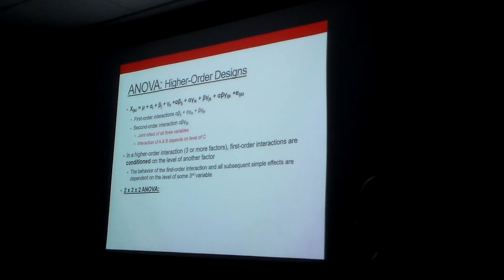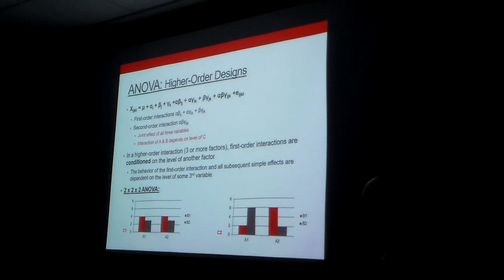If I've got a 2 by 2 by 2 ANOVA, what I've got is an interaction of A and B here, an interaction of A and B here, but the nature of this interaction looks different whether we're talking about level 1 of my third factor or level 2 of my third factor. Who's confused by this? Yeah, because it's confusing stuff.